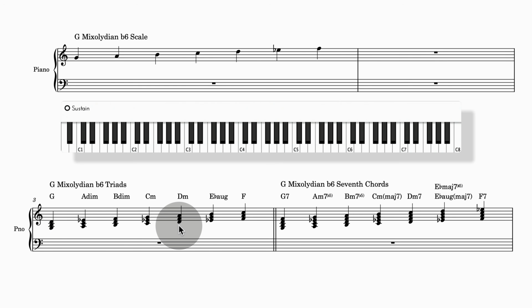Our 5 chord is a minor chord, so we don't have that dominant sound, but that can still lead back to 1. We could go 1 to 4 to 5, back to 1. It's got a very different sound than if this were a major or simply minor scale.